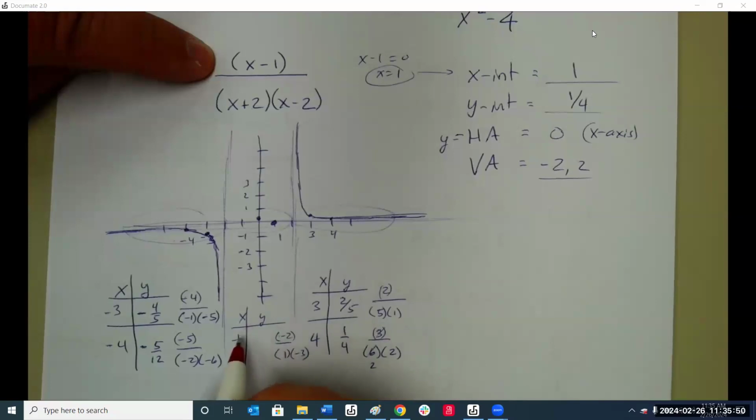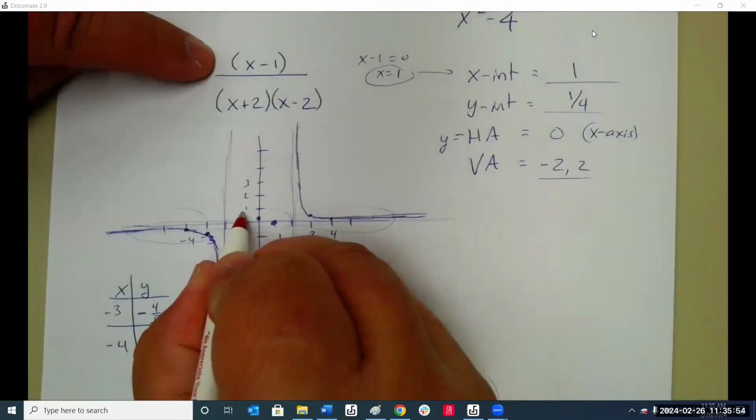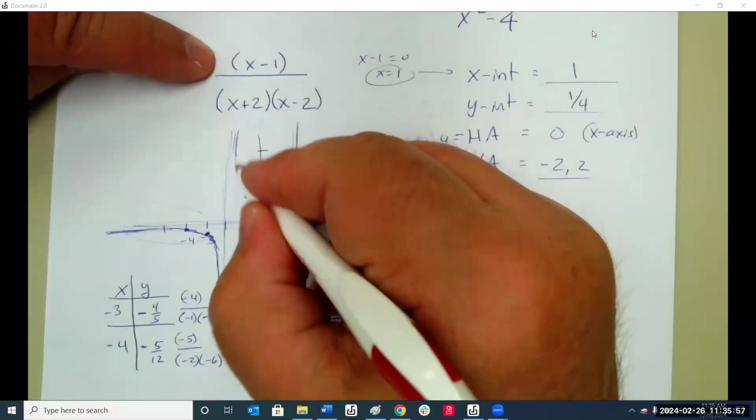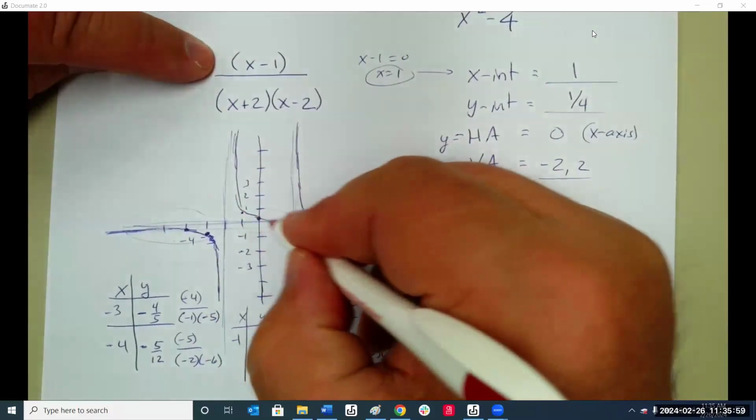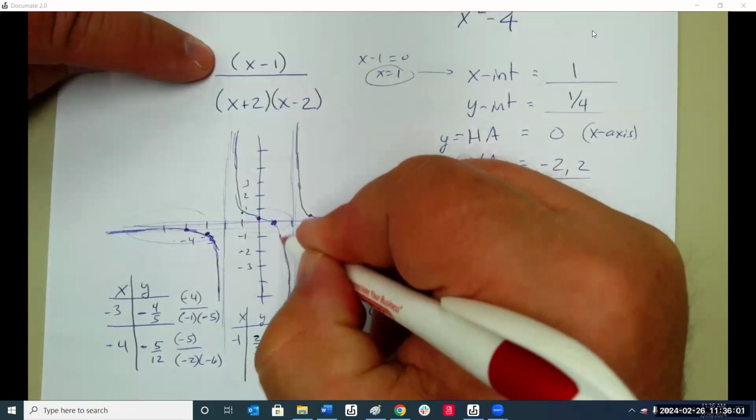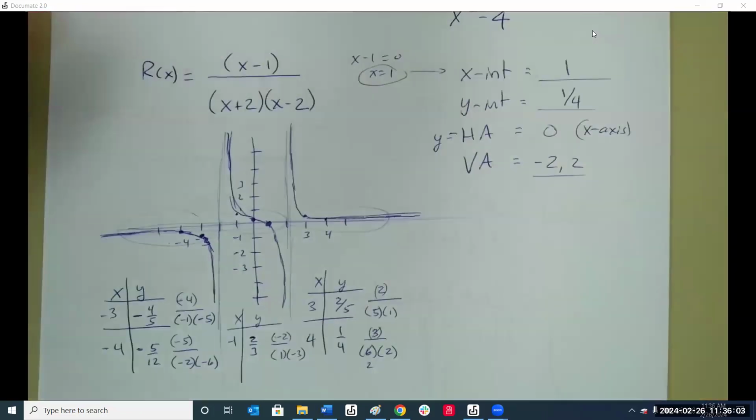That's positive 2/3. So it'll look like this. What do you think so far? Pretty straightforward. All right, let's look at example 2.